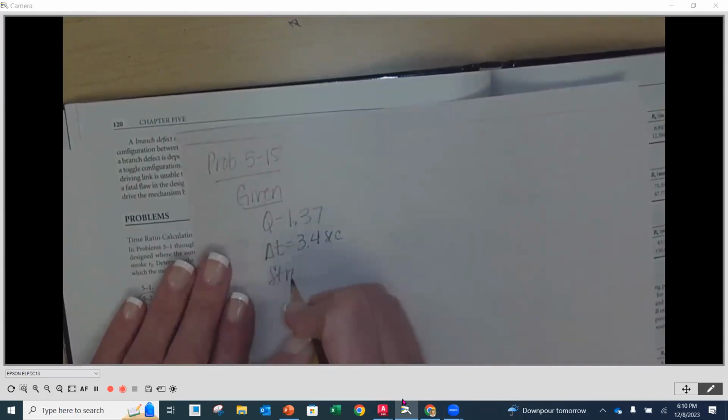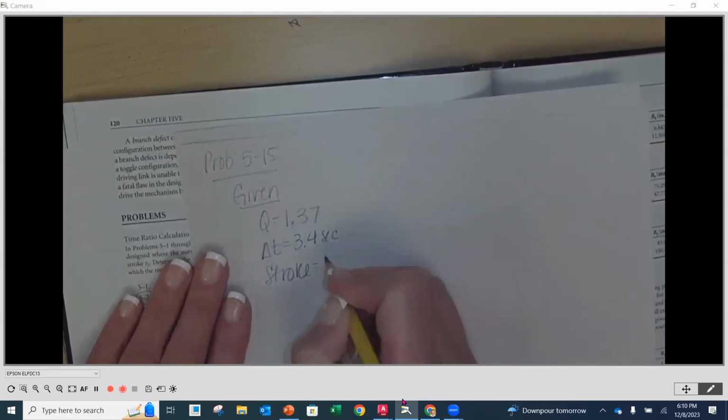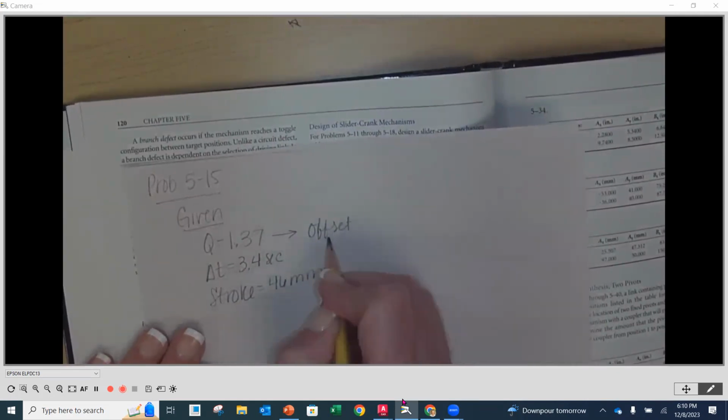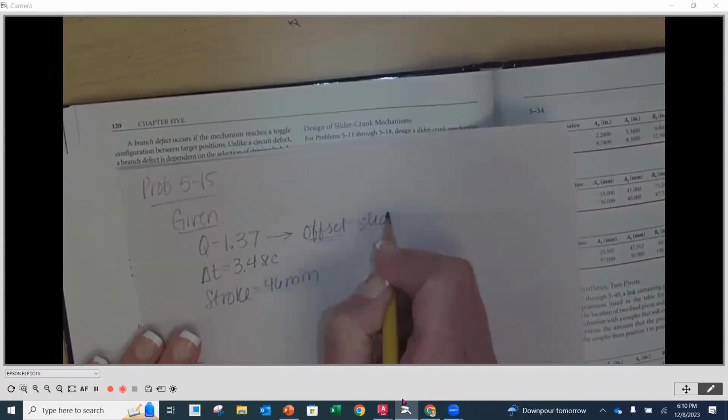And our stroke was equal to 46 millimeters. So right away, since we have a value for Q, this means that this is an offset slider crank.